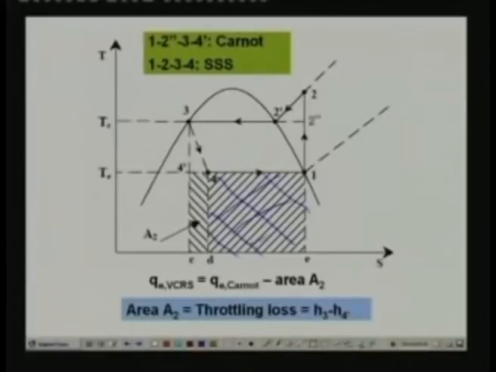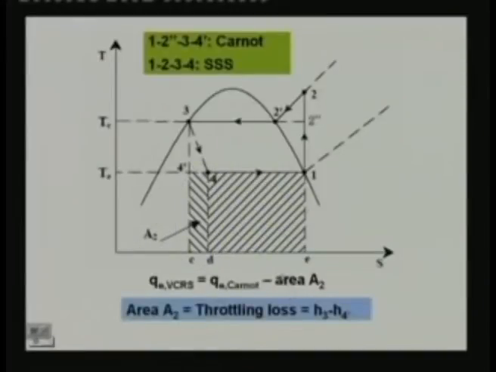So you find that the difference between the refrigeration effect of the Carnot cycle and the vapor compression refrigerant cycle is nothing but this area 4 dash C D 4, that is area A2, and this area A2 is because of the throttling, and it is also known as throttling loss. So you can derive the expression for this.